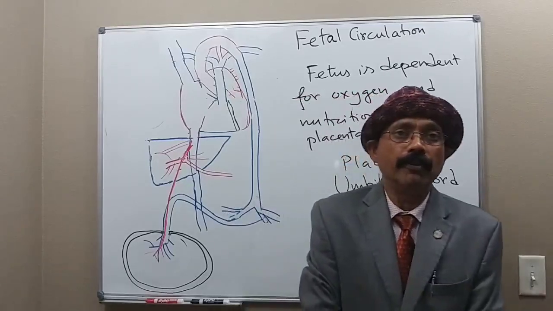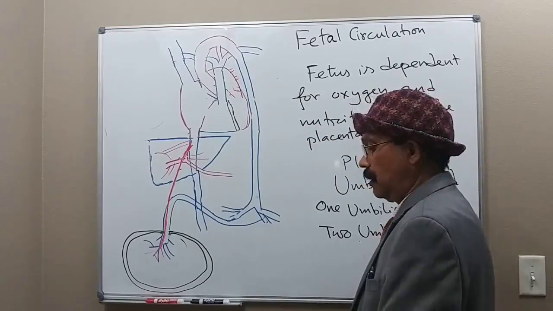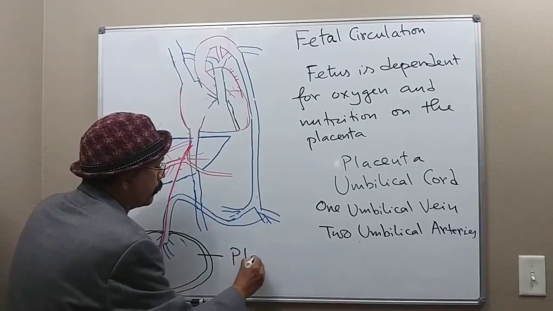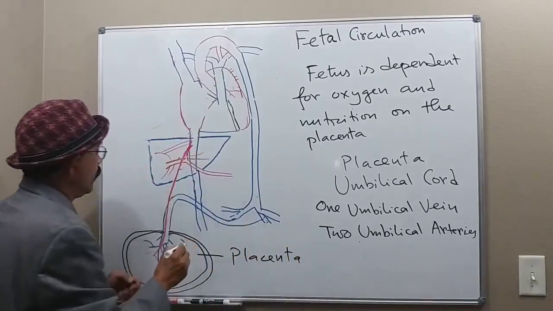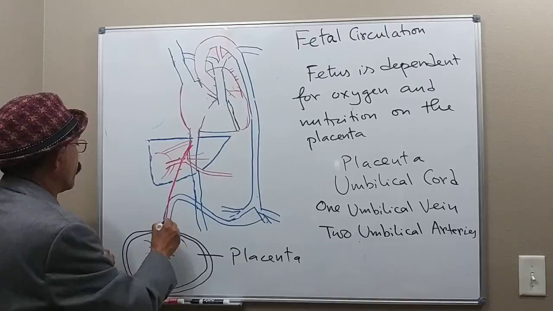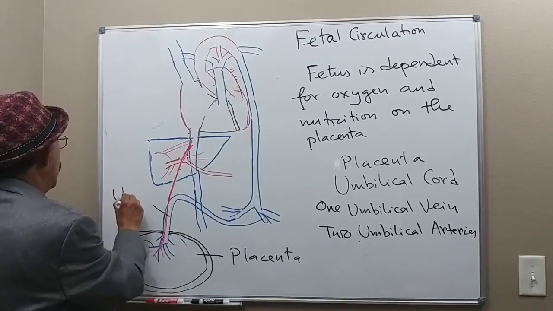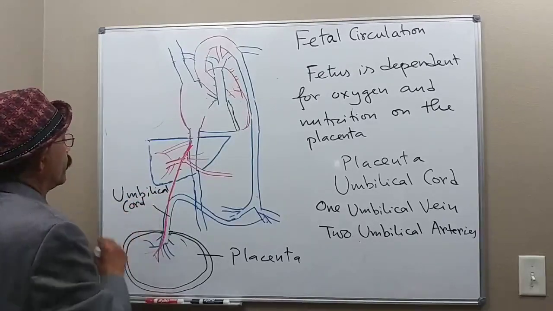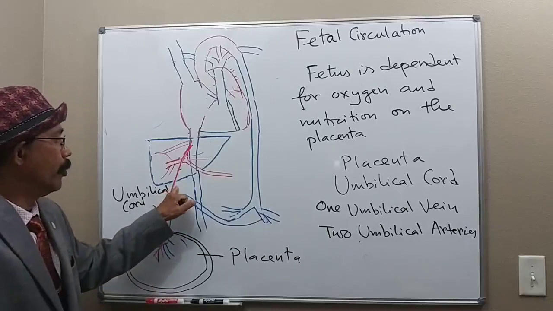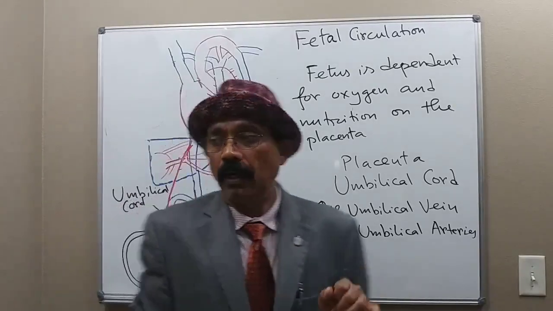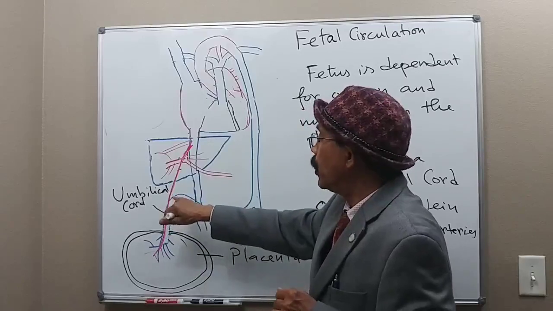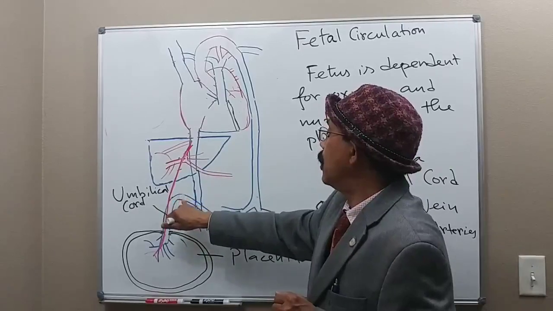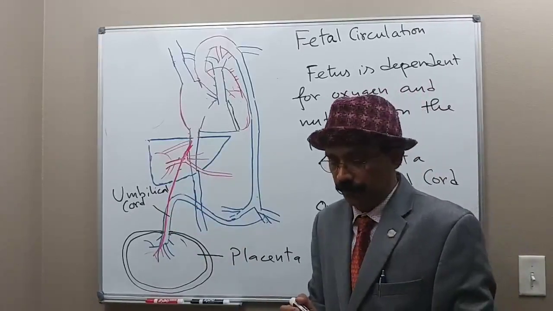If we go to the fetal circulation, this is the placenta and this is the umbilical cord. We have one umbilical vein, not artery, and two umbilical arteries.